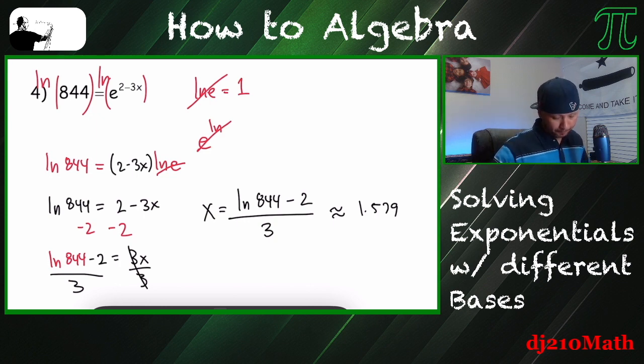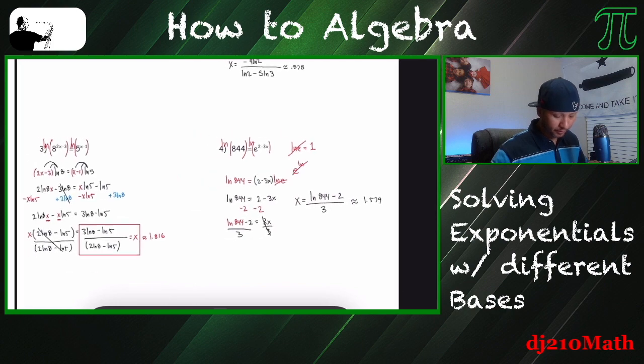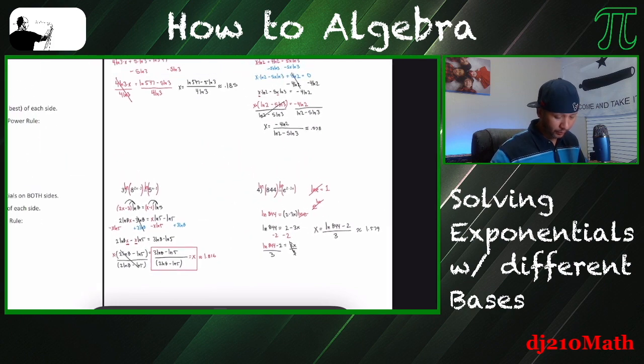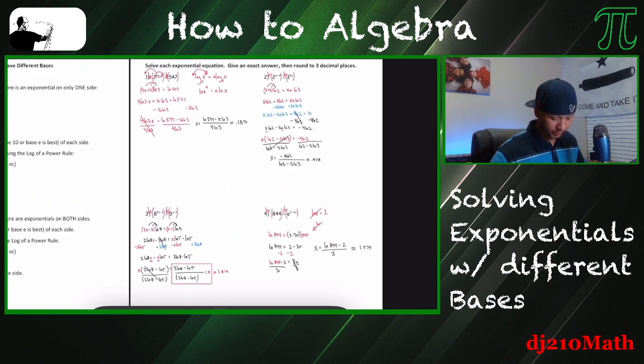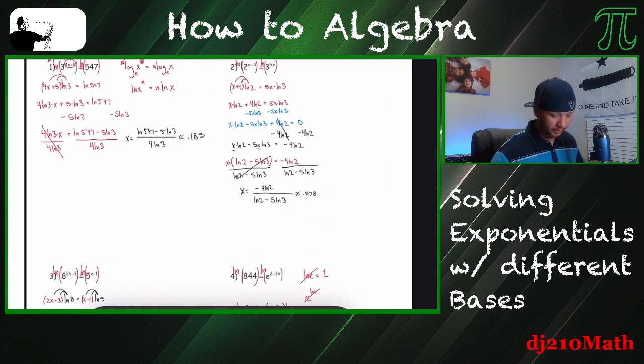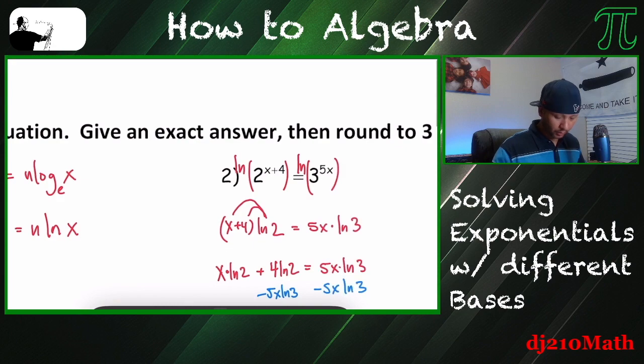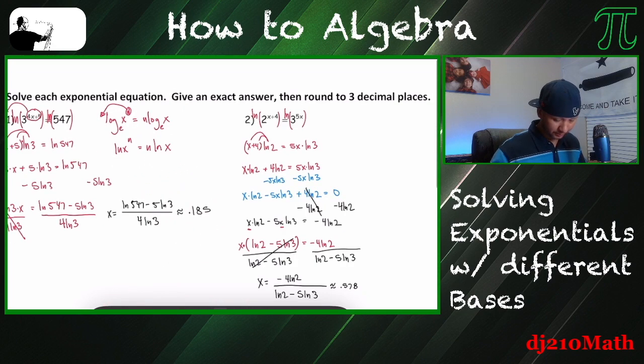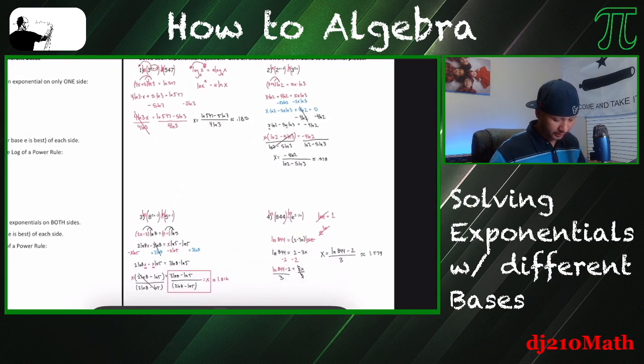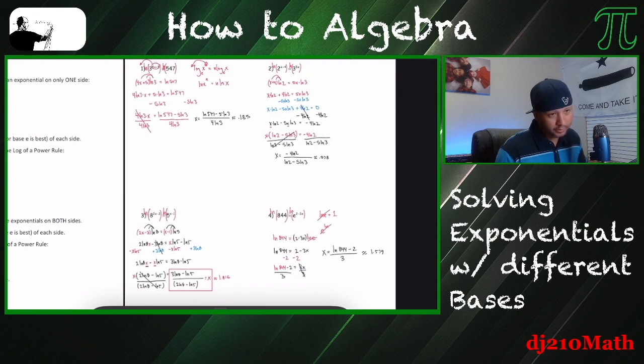All right. So again, quick little recap. Really, when the variable is in the exponent, which in all these examples it was, it's either on one side or it could be on both sides. And in either case, I just use natural log.